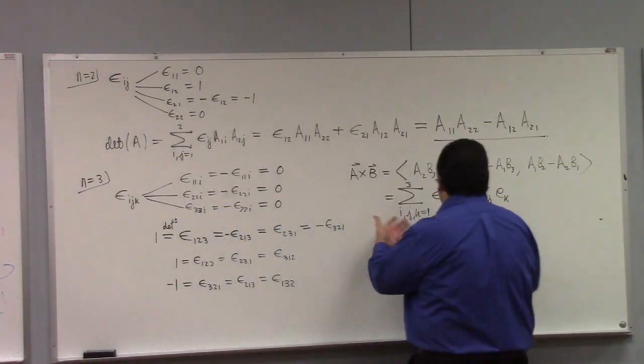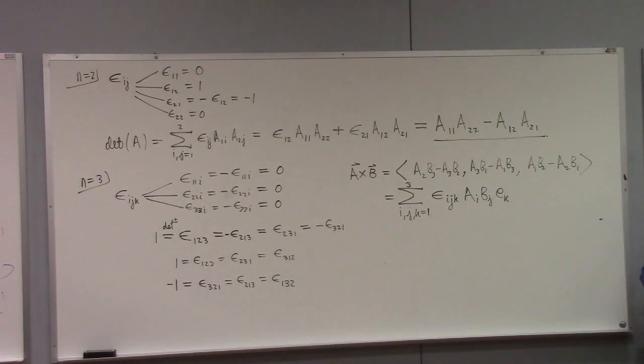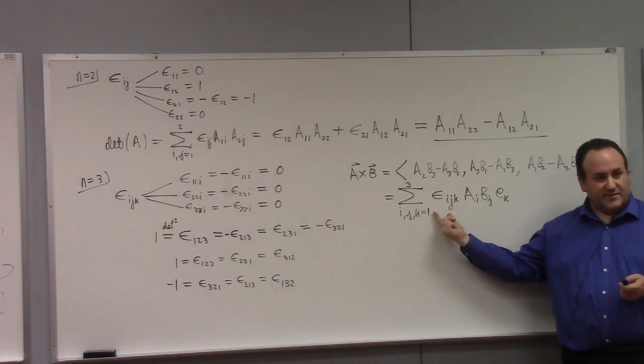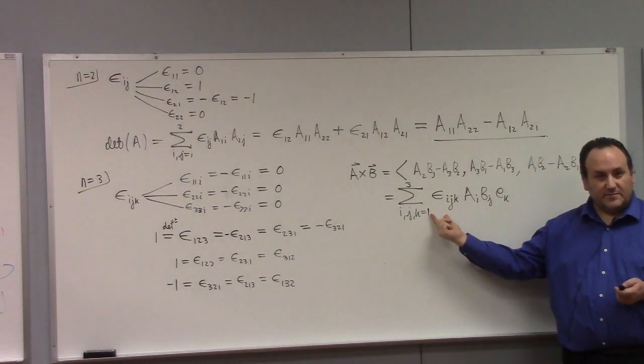To me, this is the way to make the formula correct. What I'm trying to say is the mathematics of the determinant is the mathematics of the cross product in some sense in 3 dimensions. They're both given to you by the same combinatorial beast, namely the epsilon ijk symbol.